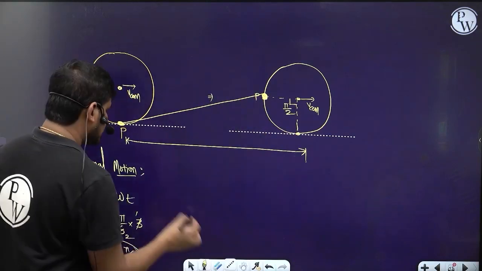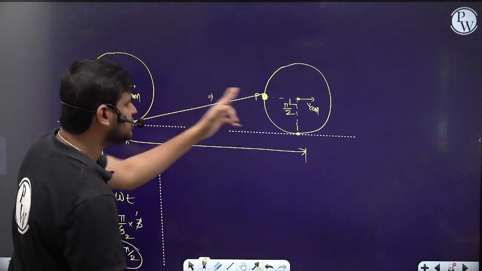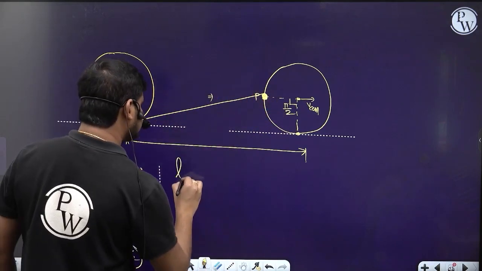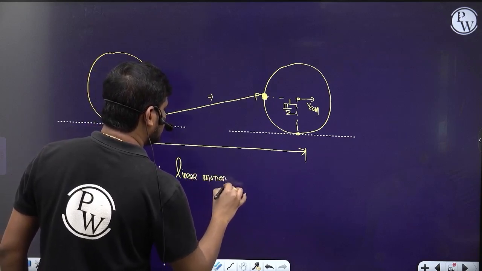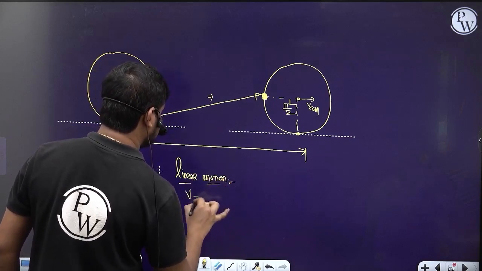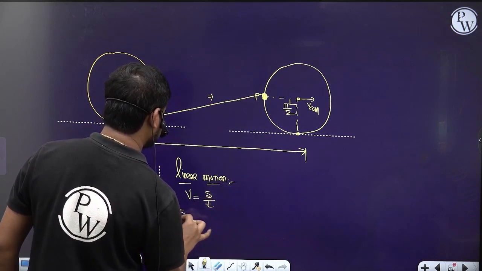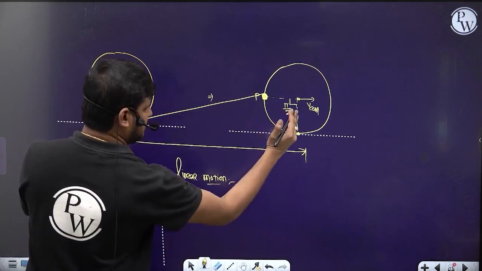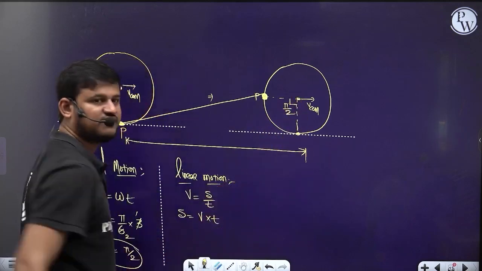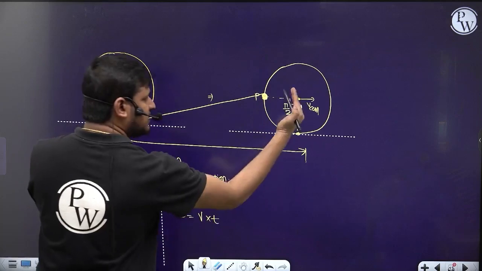Now the center of mass is making the linear motion. If you consider the linear motion, we know velocity equals displacement by time, so displacement equals v into time. We need the distance the center of mass has moved in the translation motion.